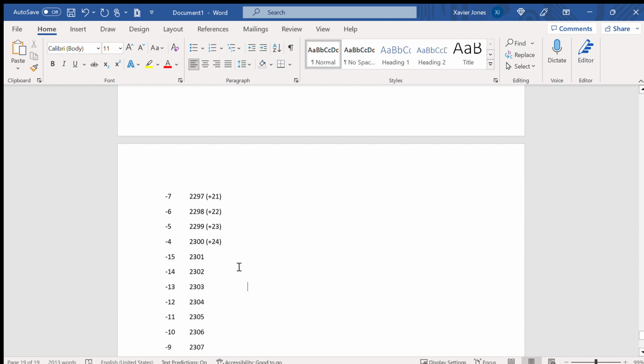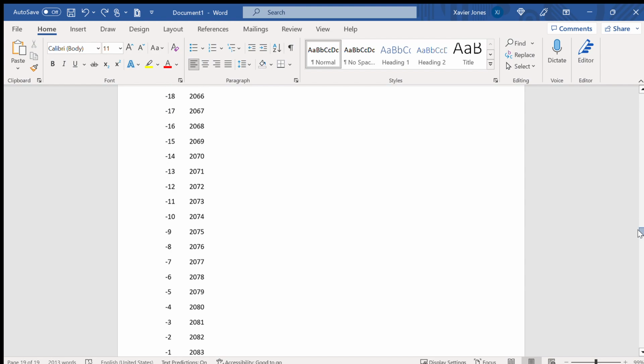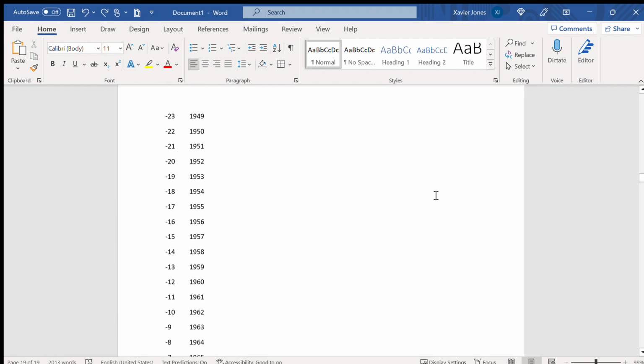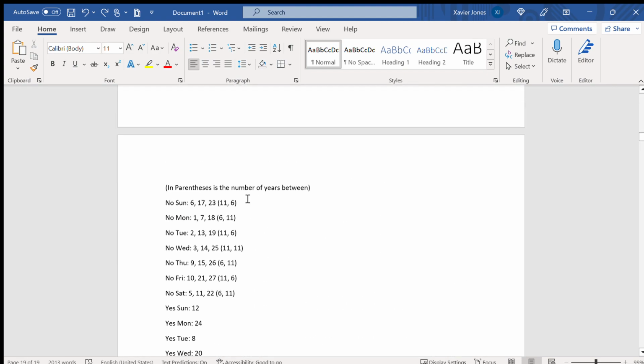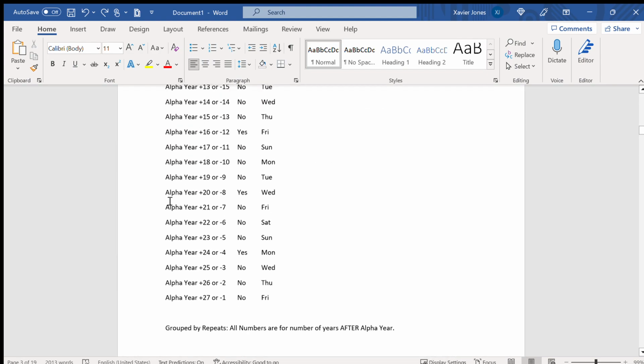So there is that connection for minus 4, plus 24, and minus 10. Apparently they share the same calendar. Plus 24 and minus 10. Let's take a look. What is minus 10 equal to?